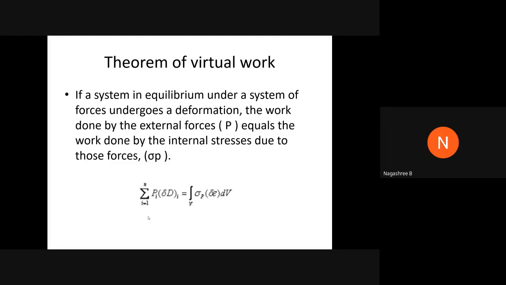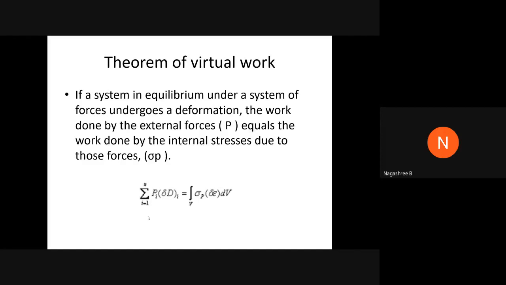So whenever equilibrium has to be satisfied under a system of forces, the work done by the external force is always equal to the work done by the internal stresses.